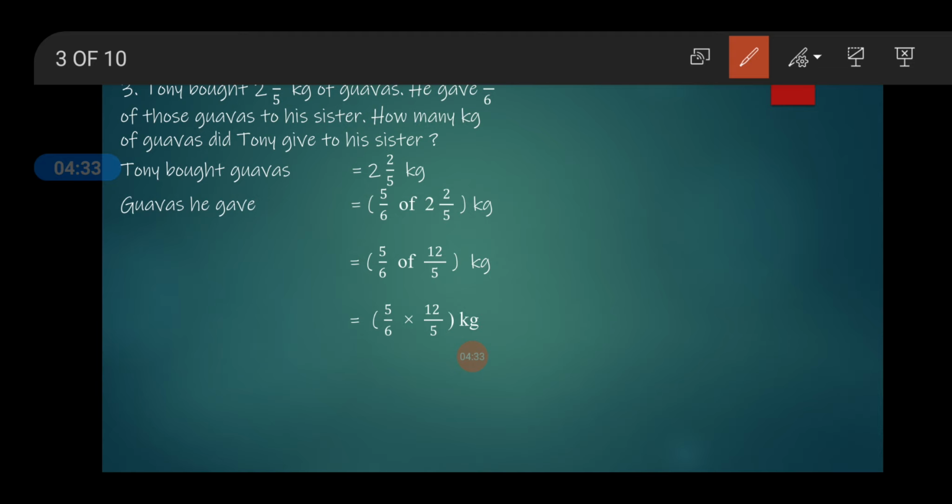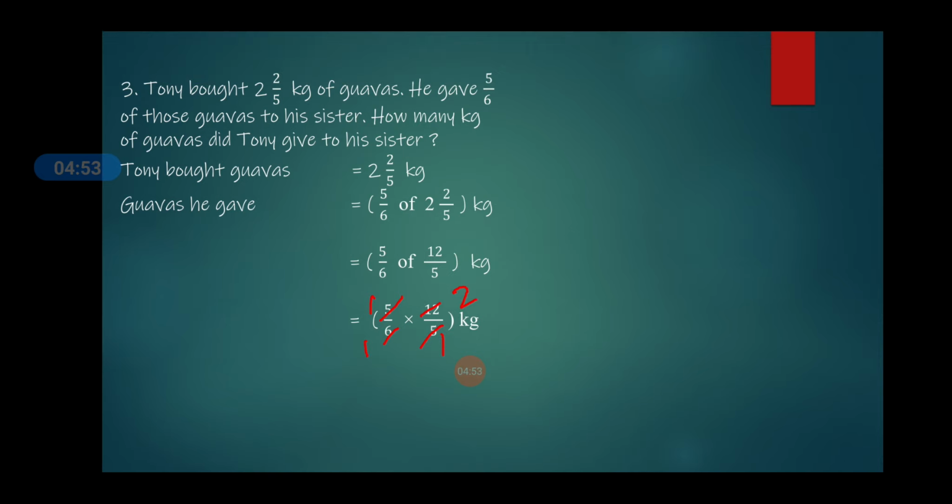Here we can divide 5 and 5 by 5 and write down 1. 6 is also 1 and 12 is divisible by 6, so we get 2 here. After that we multiply the numerator with numerator and denominator with denominator. We get 2 upon 1 kg, which is equal to 2 kg. So in answer we can say Tony gave 2 kg of guavas to his sister.